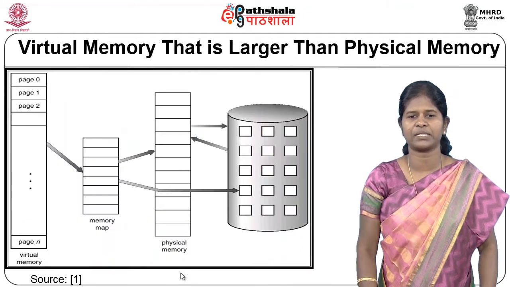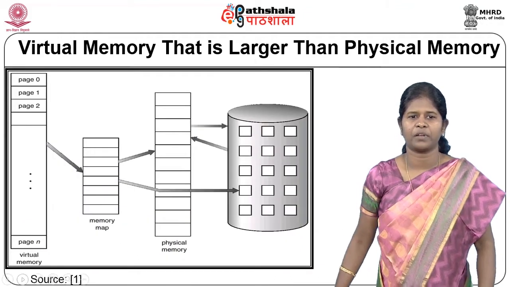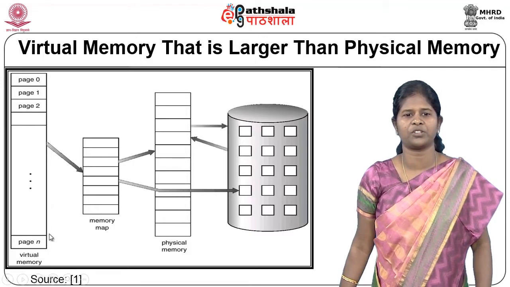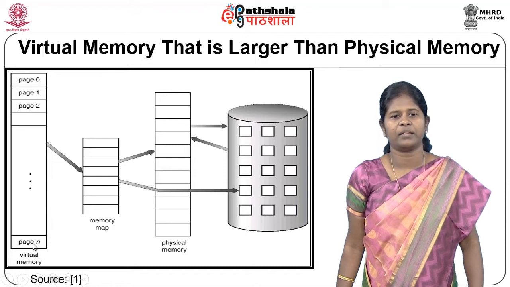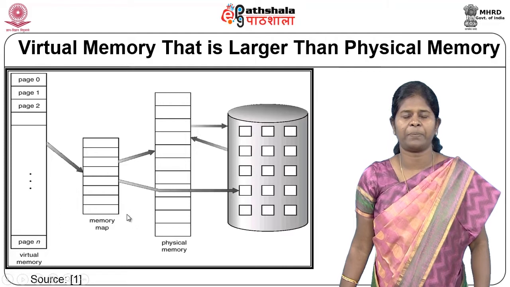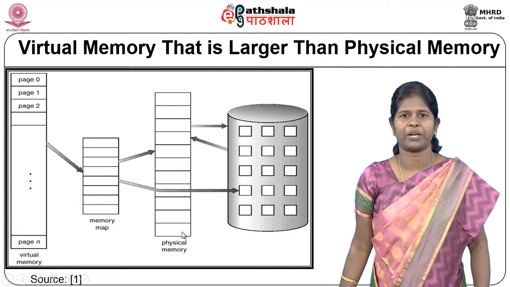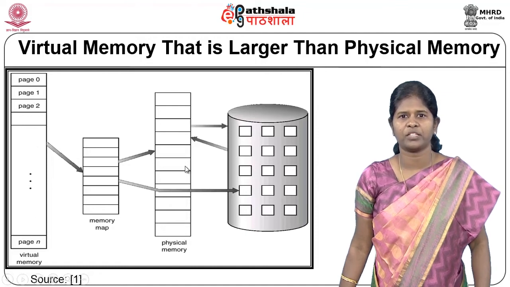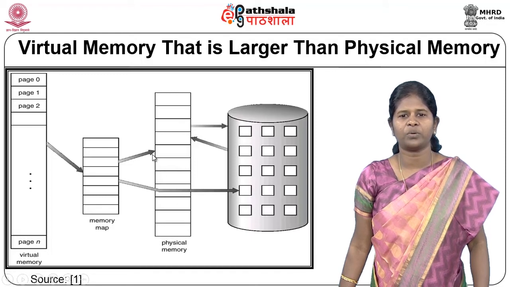So, just look at this diagram. Here the virtual memory has pages from 0 to n. There are n plus 1 pages here, and you have some memory mapping scheme, and you have the physical memory. Generally, you would try to put all these pages from 0 to n into the physical memory, but now you do not put all the pages into the physical memory.